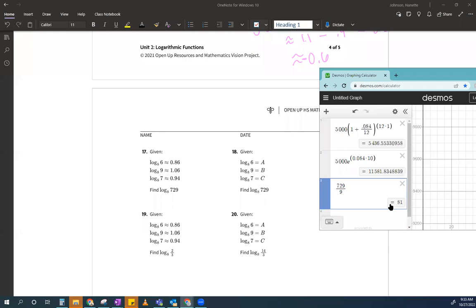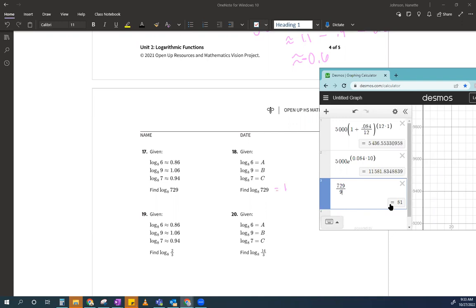What does that tell me? Yes, very good. So someone said I can rewrite this to be log base 8 of 9 times 9 times 9.